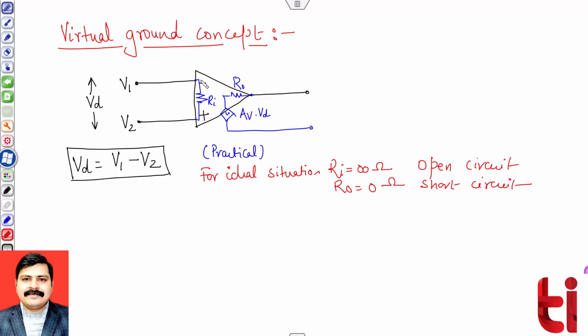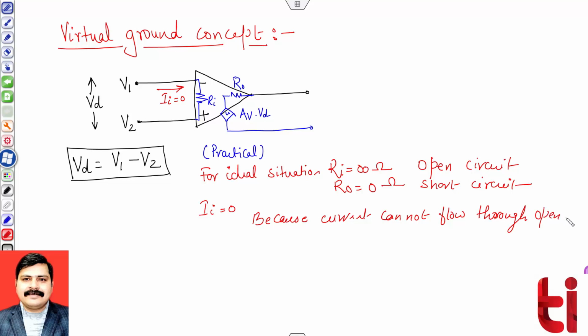If Ri is an open circuit, that means no internal current can flow. That means I equals 0, because current cannot flow through the open circuit.